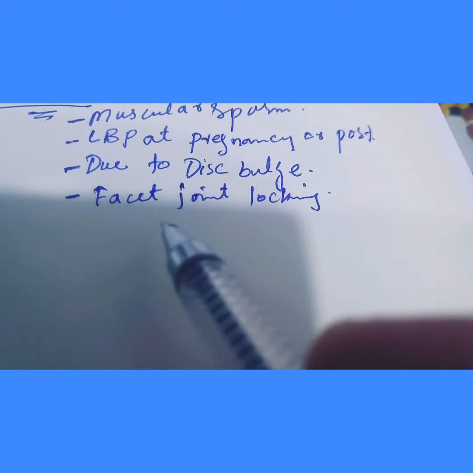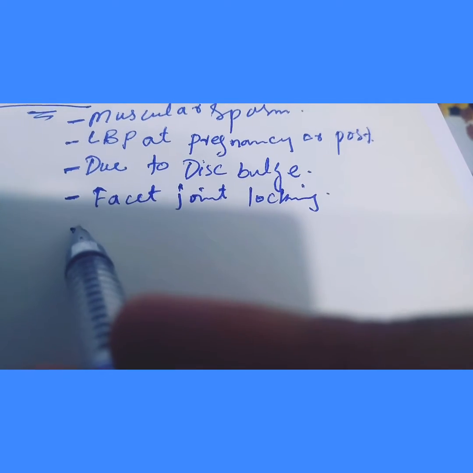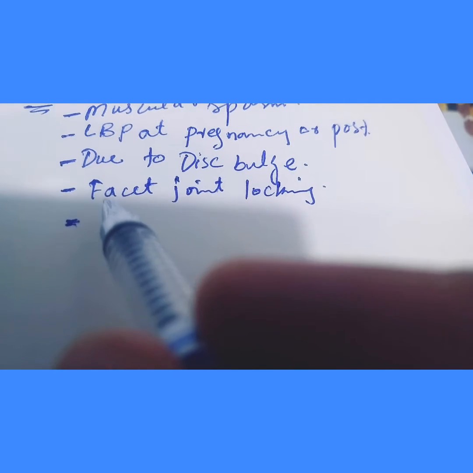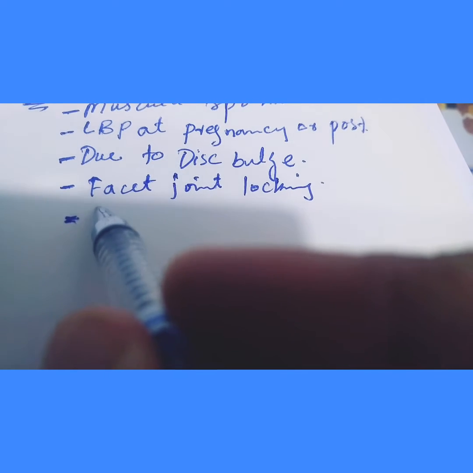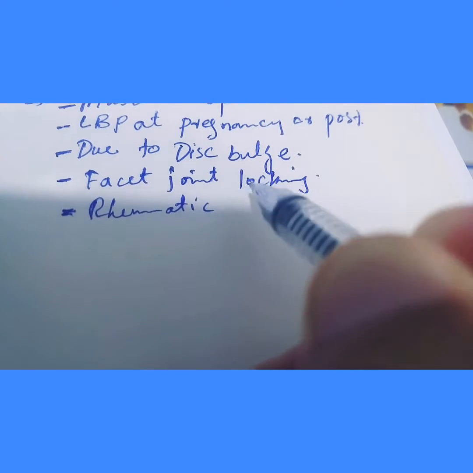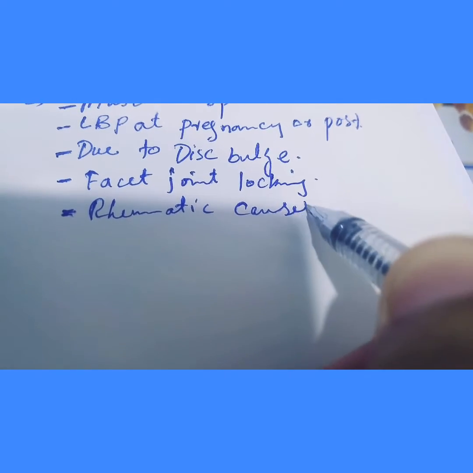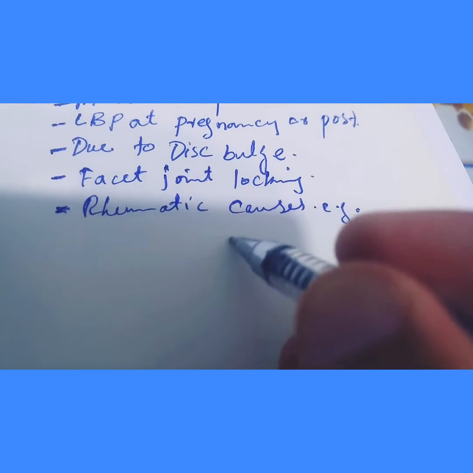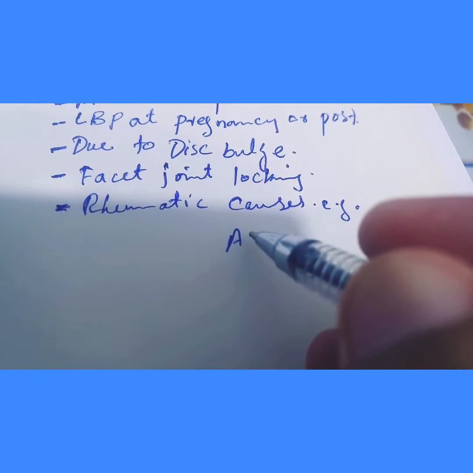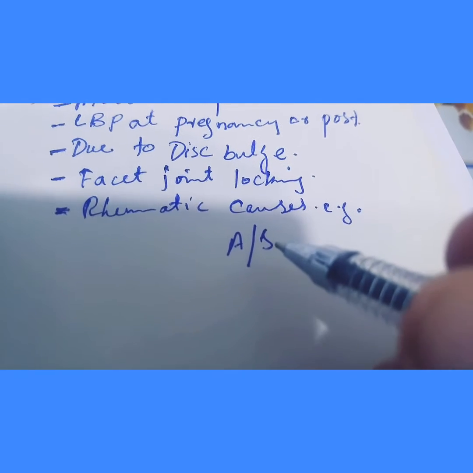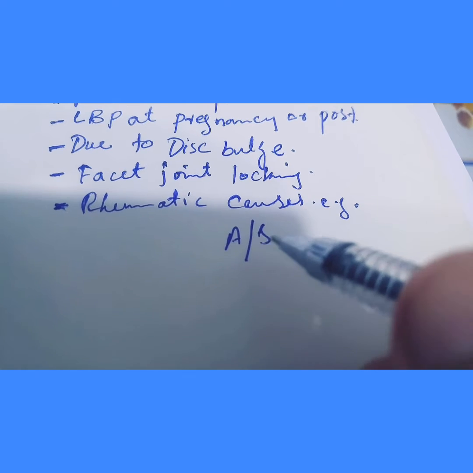Other causes of the lower back pain can be rheumatic causes, for example ankylosing spondylitis, which is mostly present at young age.